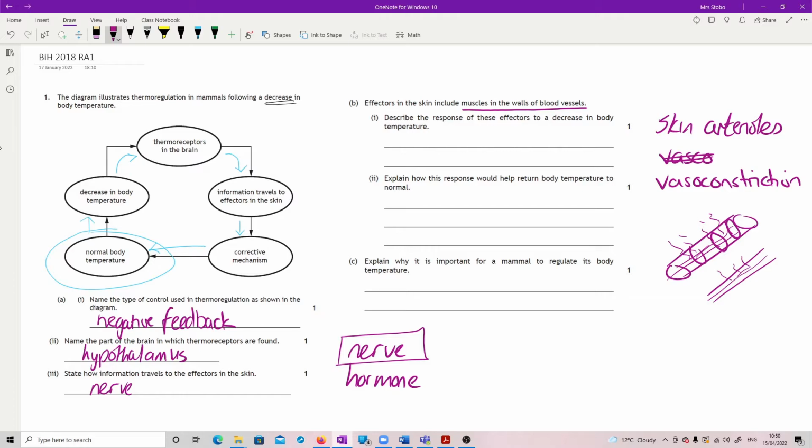So the response of these effectors to a decrease in body temperature is to tighten, or to cause them to tighten, basically, vasoconstriction of the skin arterioles.